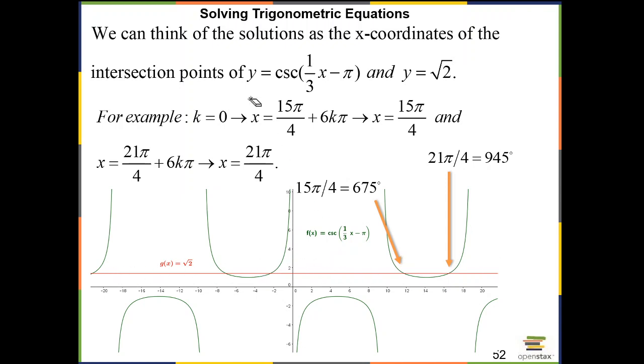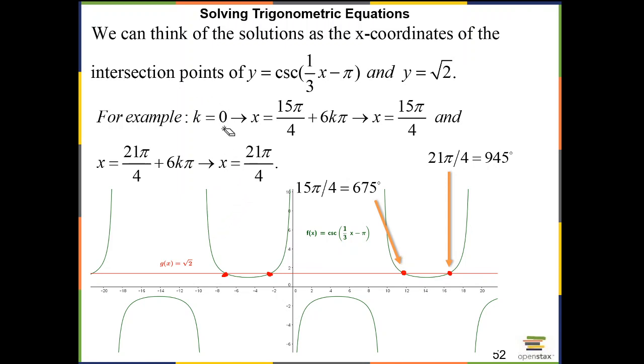And the solutions for these equations are the intersections of what? Of the cosecant and what? And the square root of 2, as you see. Those are the solutions, right? We pick those as the solutions of the equations that we were given.